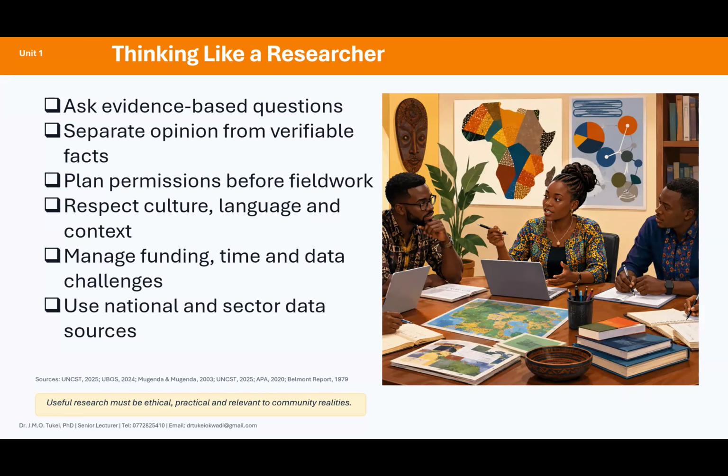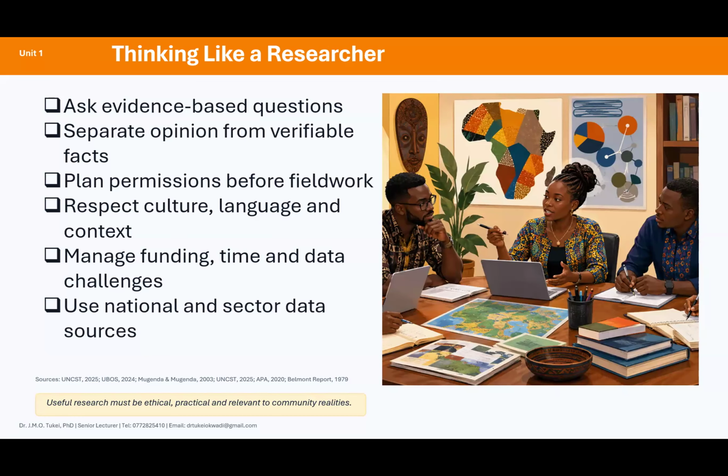So colleagues, how do we think like researchers? It's very important. Thinking like a researcher means questioning assumptions. Question those assumptions. Ask questions. Asking answerable questions and separating personal opinions from verifiable evidence is key and very important.